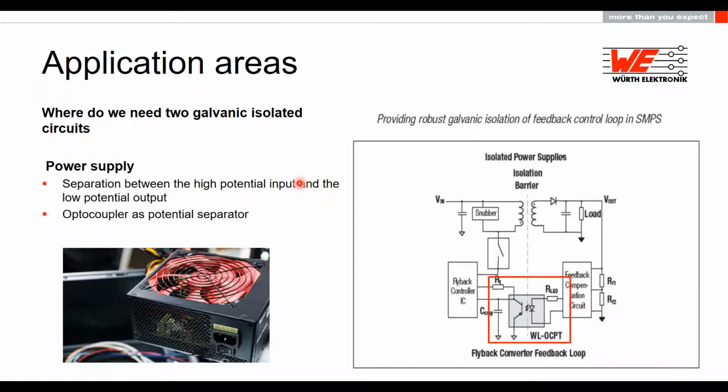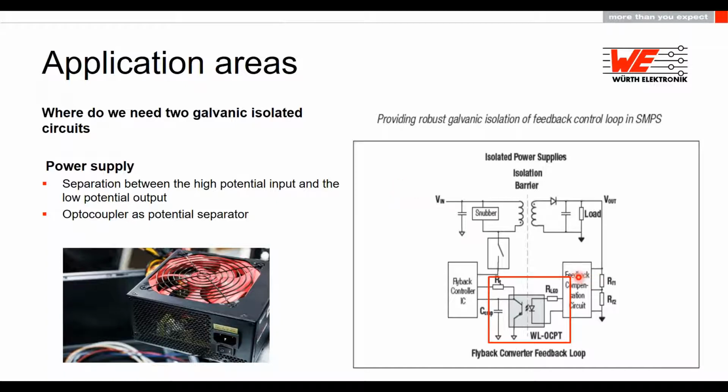It has a ferrite core transformer to achieve voltage transformation and galvanic isolation between the input and output side, but also to isolate the control loop from the mains.